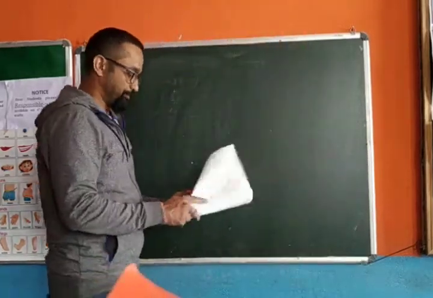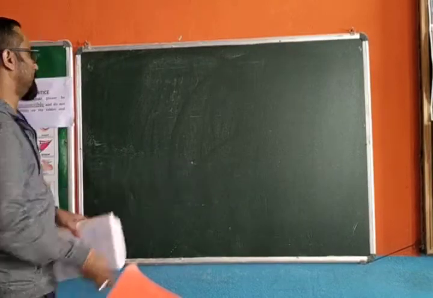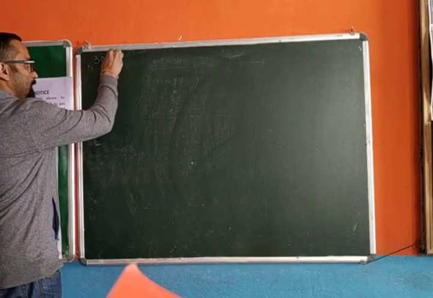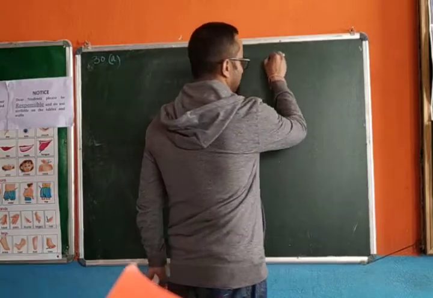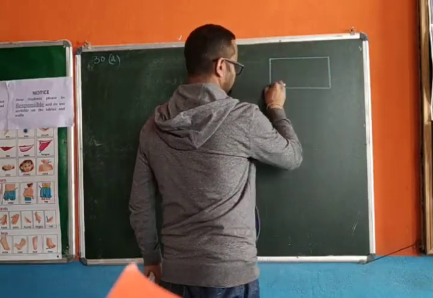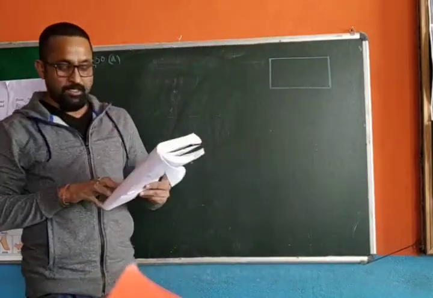Question number 38. Question says that in the figure given below, ABCD is a rectangle. So you have a rectangle. AB is 14 and BC is 7.